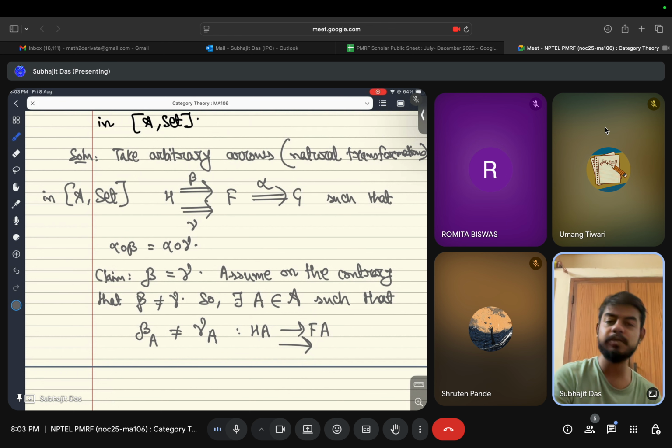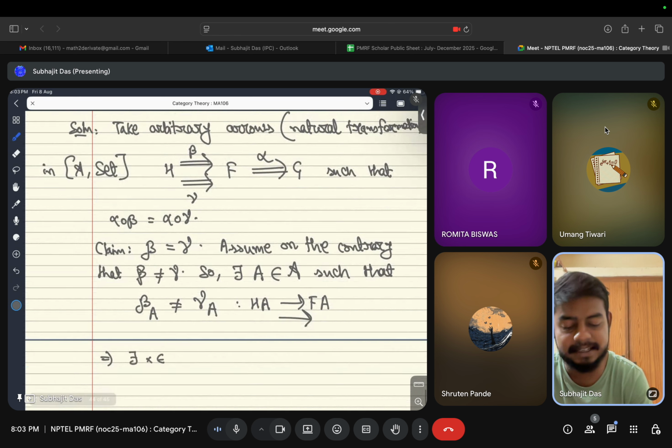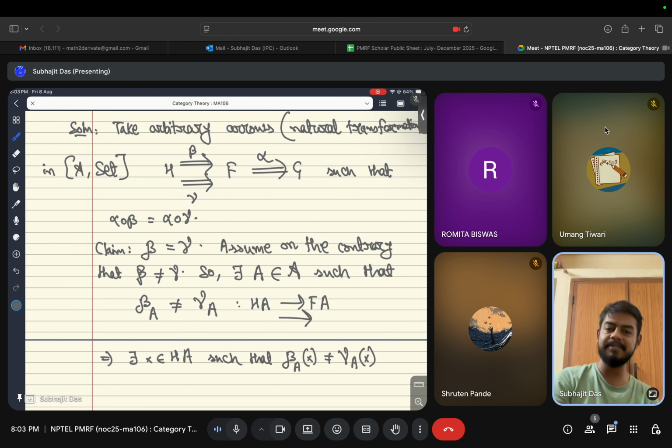What does it mean to say that beta A and gamma A are not equal? This means that there exists some element little x in the set HA such that beta A of x is not equal to gamma A of x.